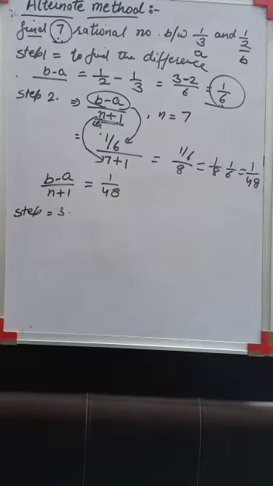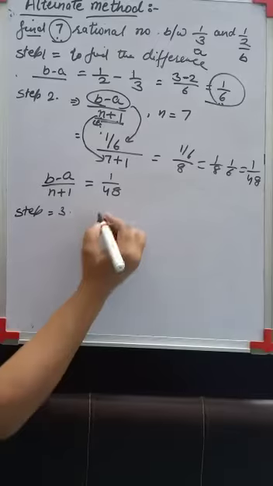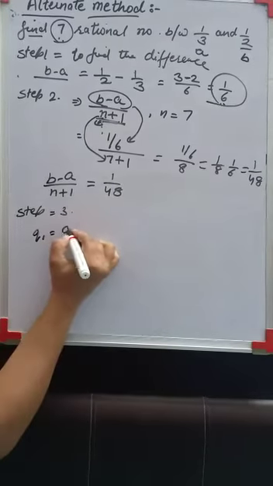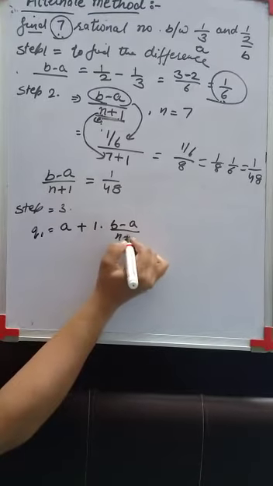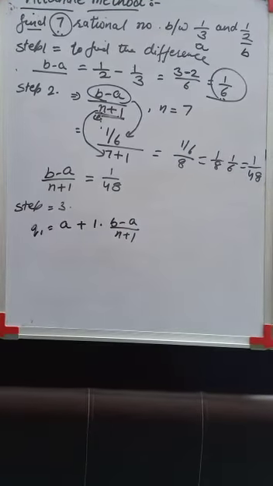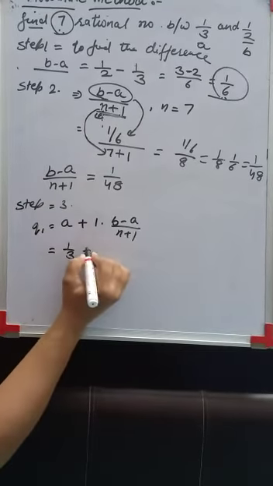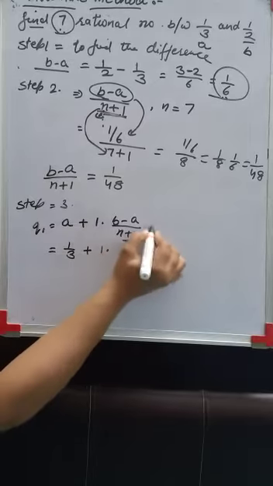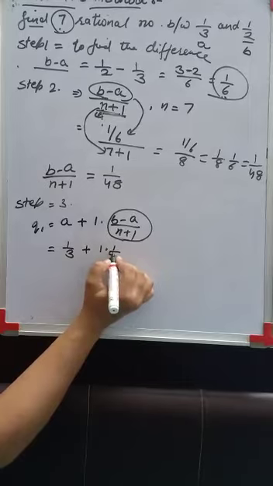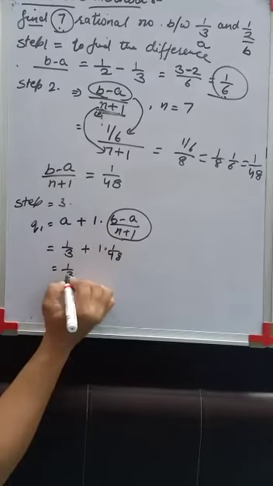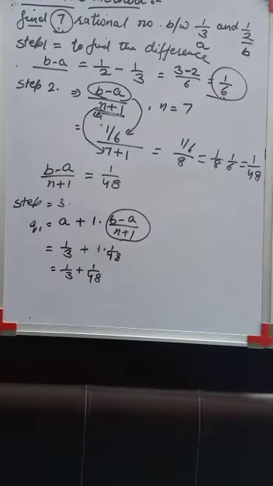Now the third step: multiply that by 1, 2, 3 and then add to A. So your Q1 is A plus 1 into (B minus A) upon (n plus 1). A is 1 by 3, plus 1 into 1 upon 48.